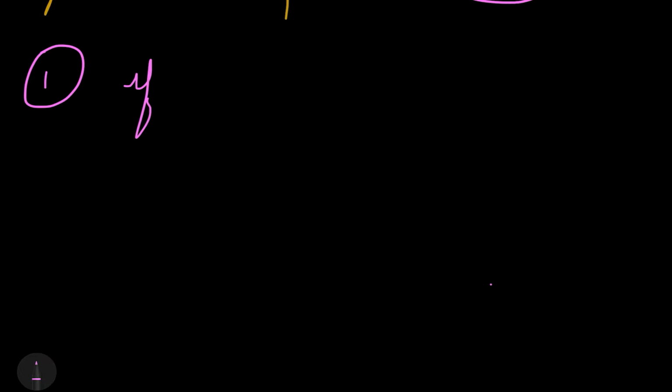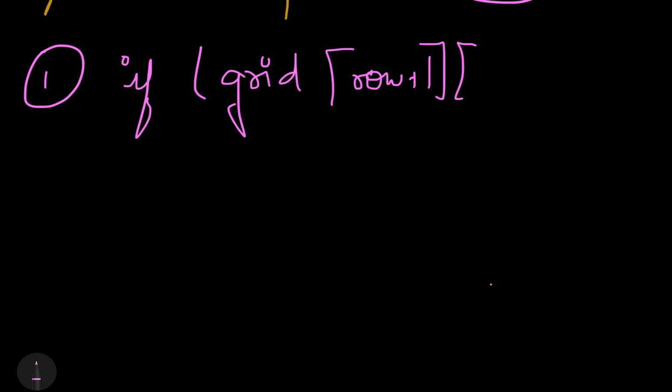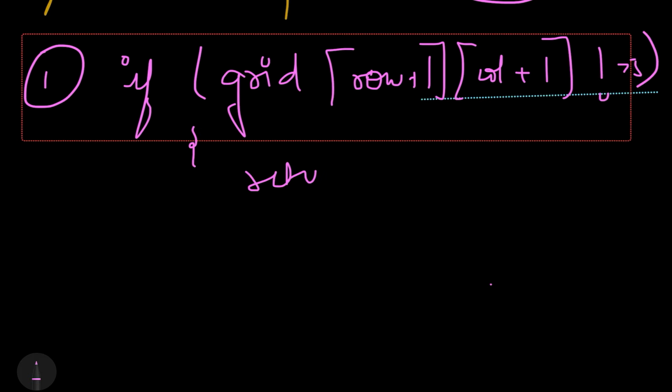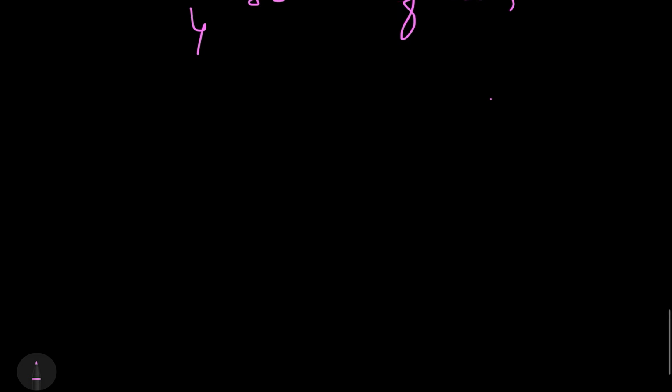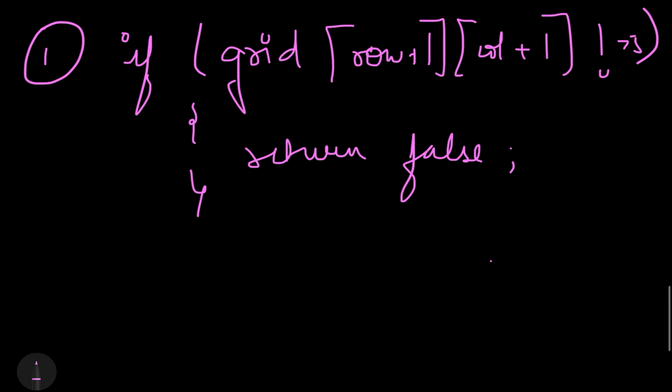So we'll basically check if grid of row plus 1 and column plus 1 is not equal to 5, then we'll return false, because it can't be our magic square. Because we have checked that for any 3 cross 3 magic square the center must be 5. So that will basically eliminate any grid whose center is not equal to 5.